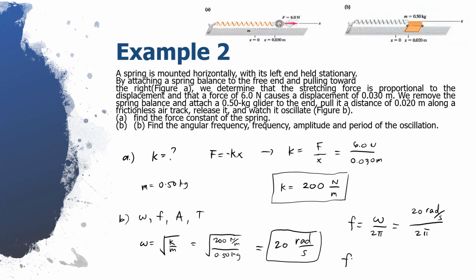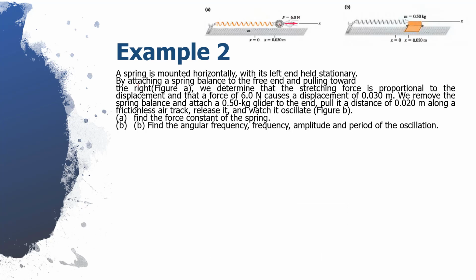So therefore, frequency is equal to 3.2 hertz. Once we know the frequency, we can also solve for the period, because period is equal to 1 over f. So we have 1 over f, where f is equal to 3.2 hertz. So therefore, the period is equal to 0.31 seconds.